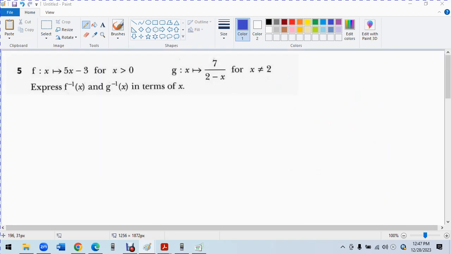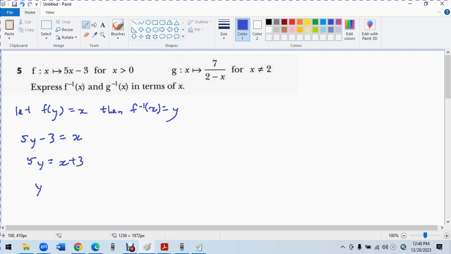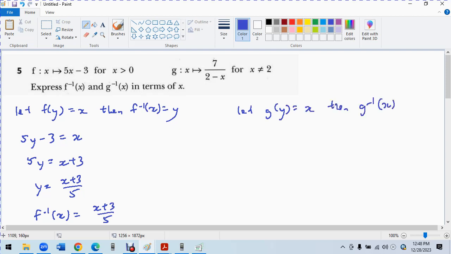For question number 5, they want us to find f inverse and g inverse. So let f(y) equal to x, then f inverse of x equal to y. So 5y minus 3 equal to x, 5y equal to x plus 3, y equal to (x plus 3) over 5. So f inverse of x will become (x plus 3) over 5. Now let g(y) equal to x, then g inverse of x equal to y.